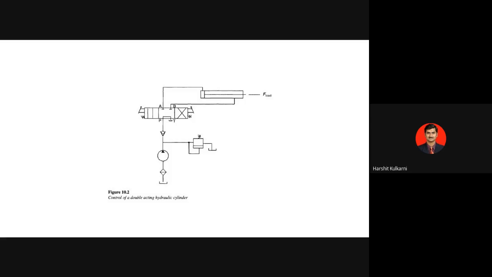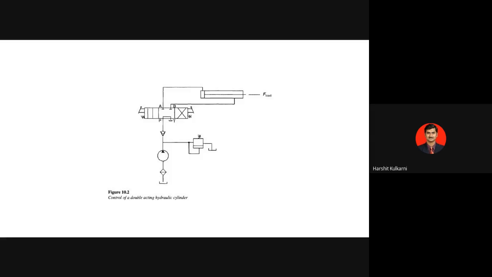If you want to, now there are applications. See, many times in an industry, you cannot afford to go for 3 or 4 or 5 pumps for different applications, correct? So you use only one single pump and you connect many circuits over there. So even in this circuit, when you see this tank and a strainer and a pump going to that pressure relief valve and then it goes to the DCV, at this point there will be branching.